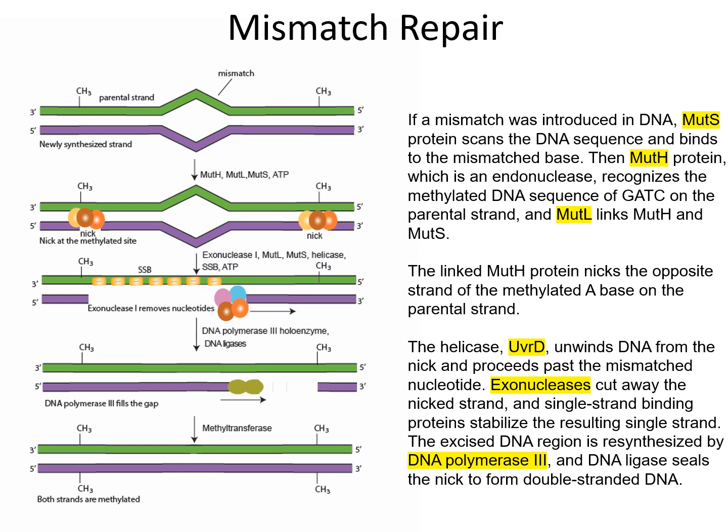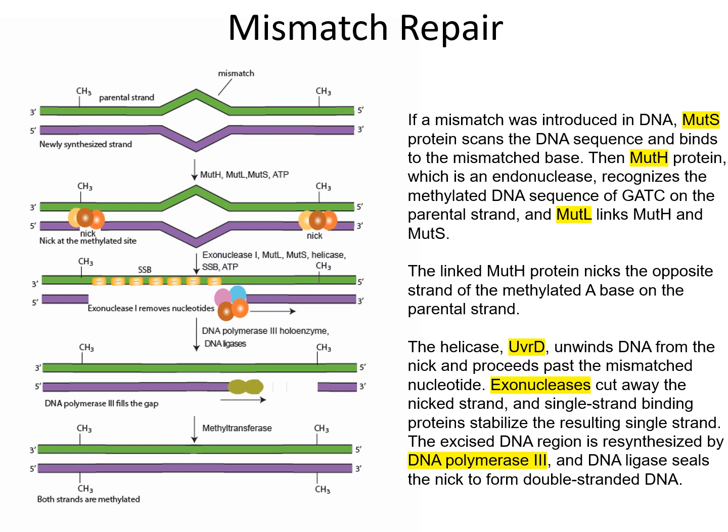The linked MutH protein will nick the strand opposite the methylated A base on the parental strand. Then the helicase UvrD will come in to unwind the DNA from the nick and proceed past the mismatched nucleotide.